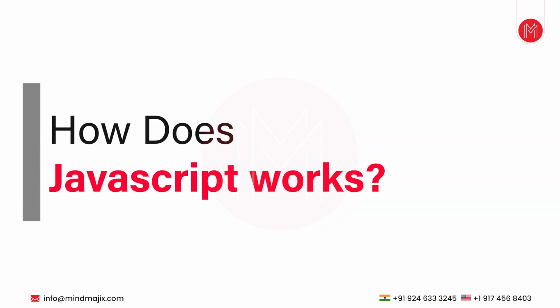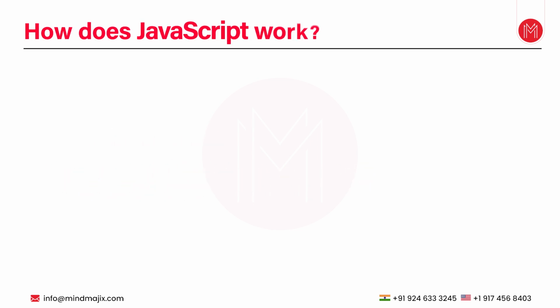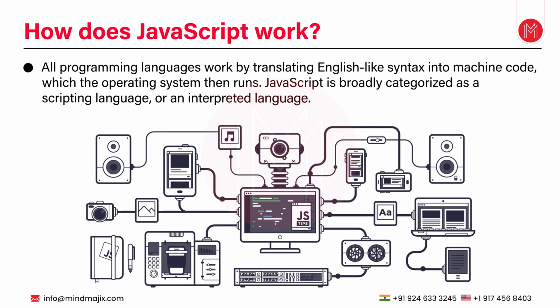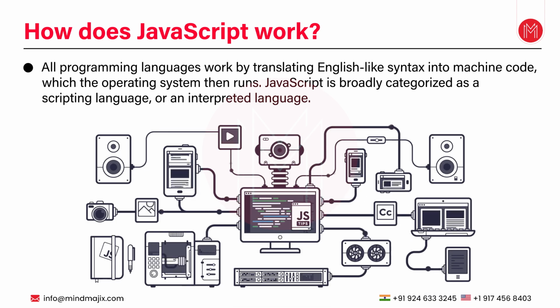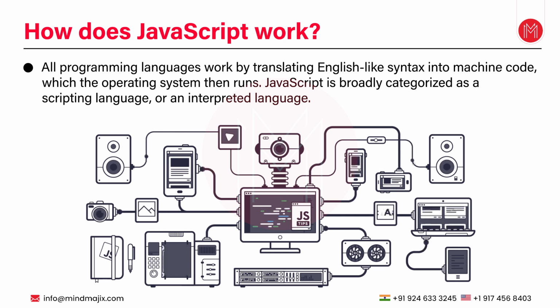And now let us move on and discuss how exactly JavaScript works. All programming languages work by translating English-like syntax into machine code, which is then run by the operating system. JavaScript is broadly categorized as a scripting language or an interpreted language. JavaScript code is interpreted.